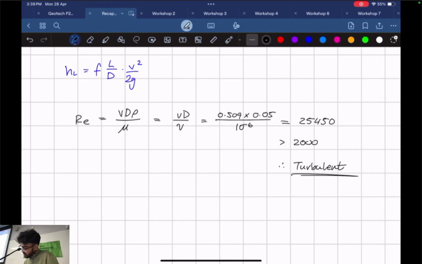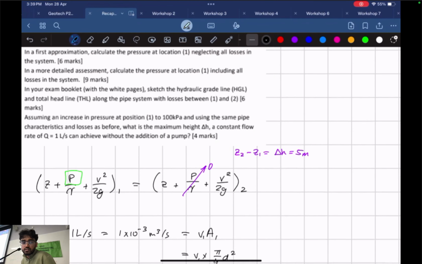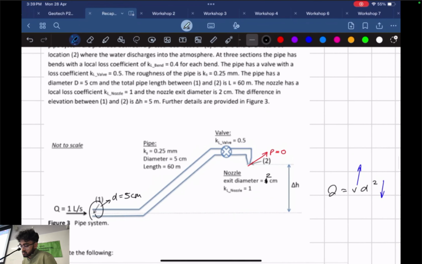Okay, so what's the next step? Finding out the friction factor. So in this case, how can you find the friction factor? They've given us roughness, right?